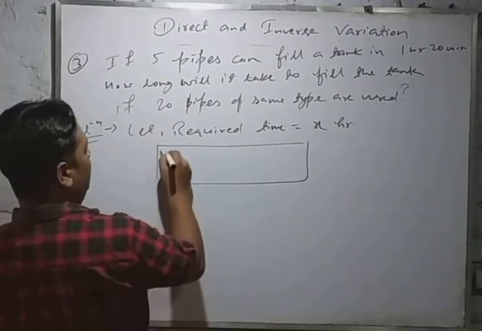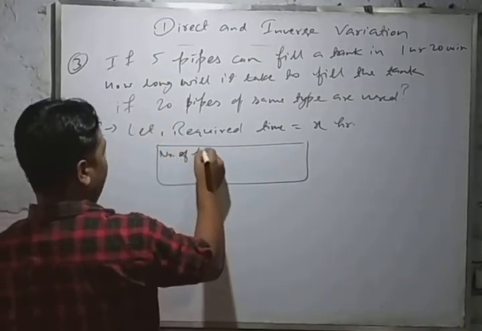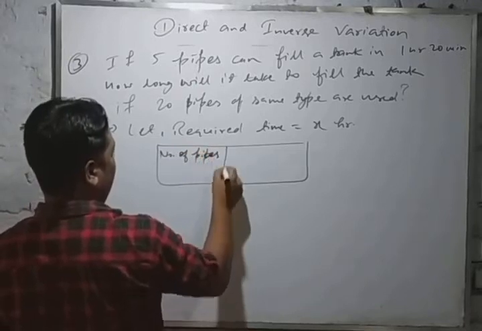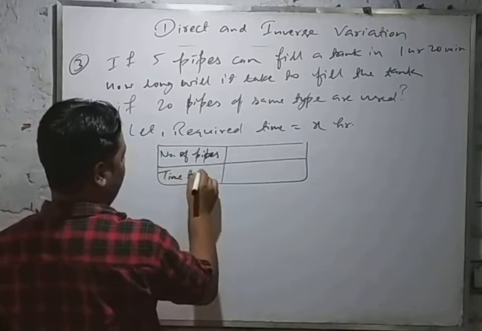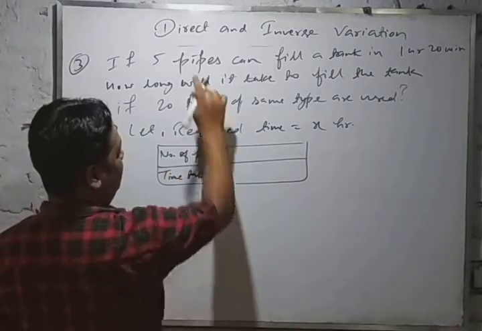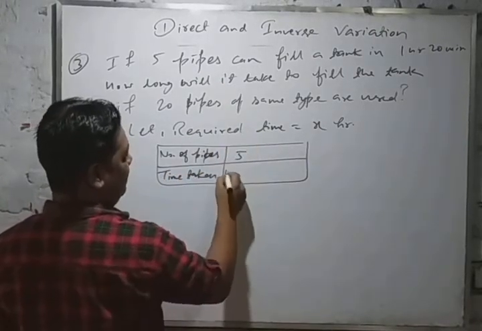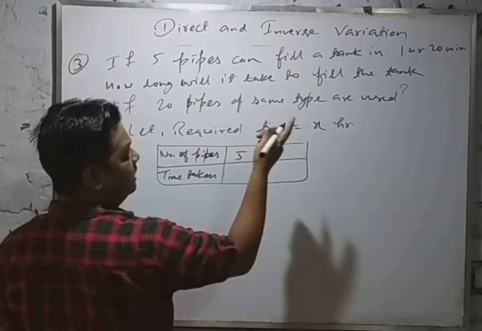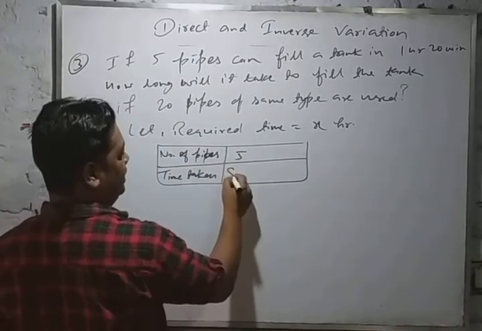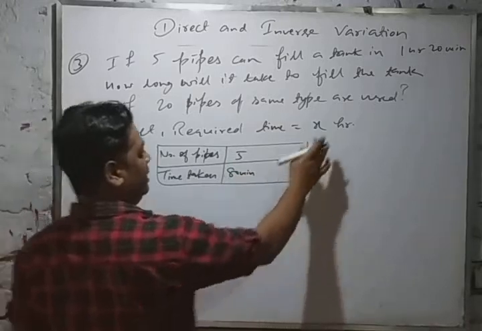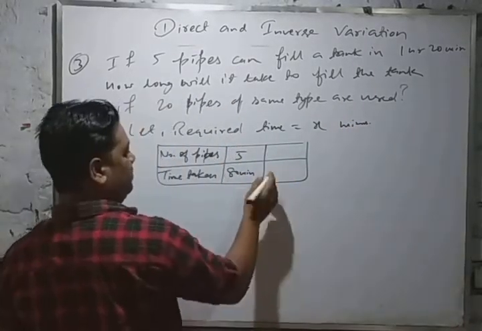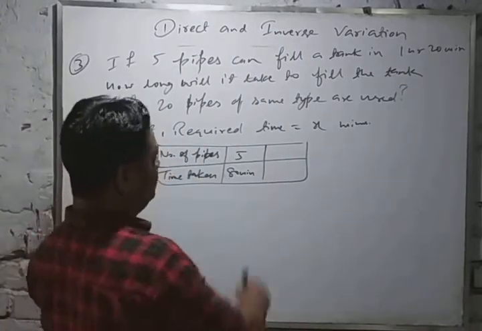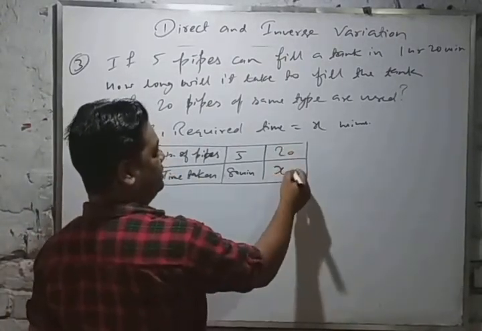Number of pipes and time taken. If the number of pipes is 5, then it takes 1 hour 20 minutes. Change it into minutes: 60 plus 20, 80 minutes. And here you can put x minutes, if the pipes are 20.